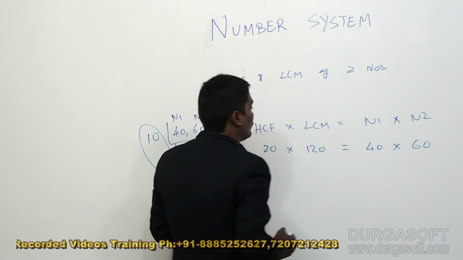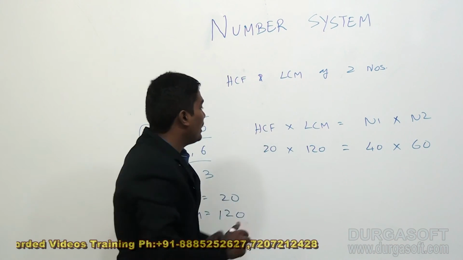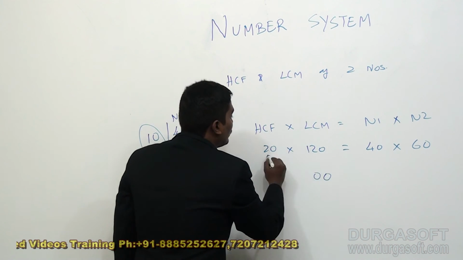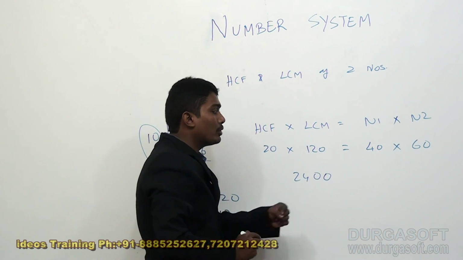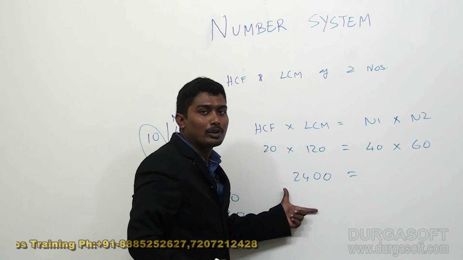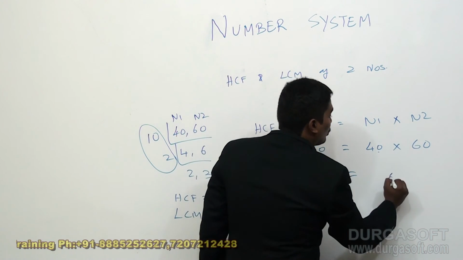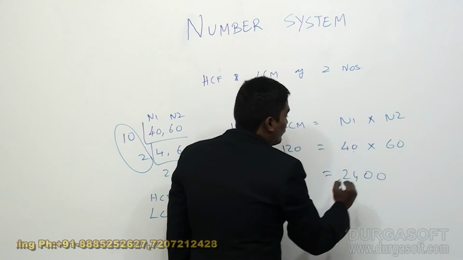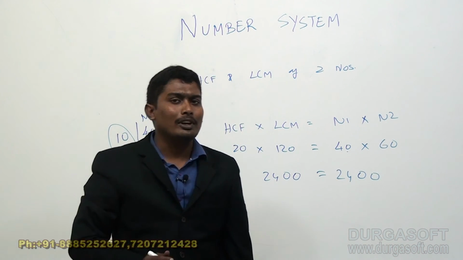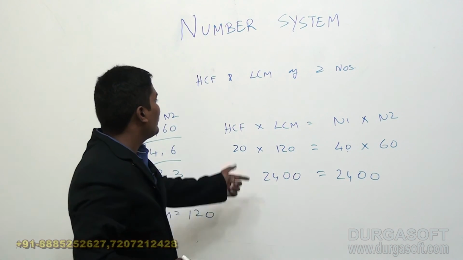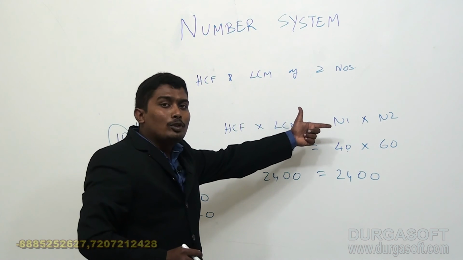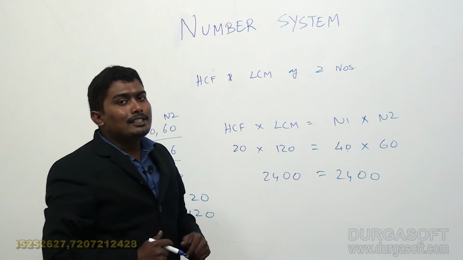Now 20 into 120: 2 zeros, 2 into 12, 24. So on the left hand side I will be getting 2400. On the right hand side, 2 zeros, 6 4s are 24, I am also getting 2400, which means I can definitely say that the product of the two numbers will be the same as the product of their HCF and LCM.